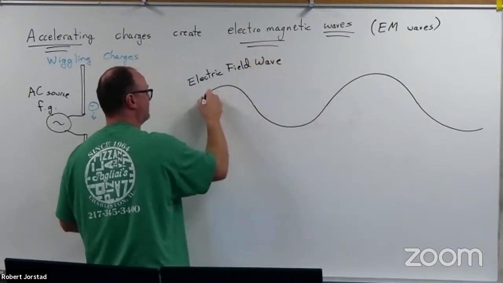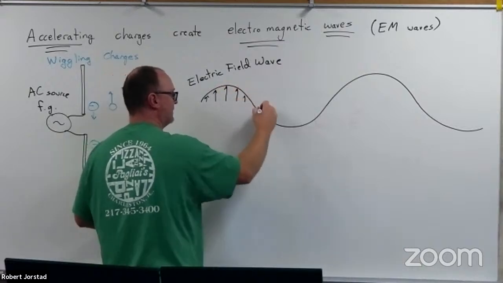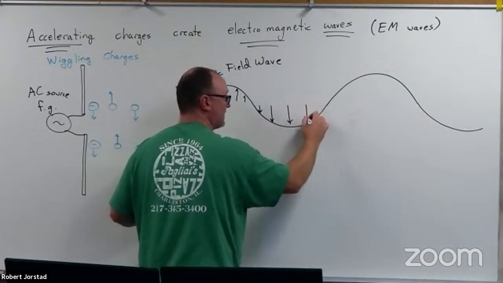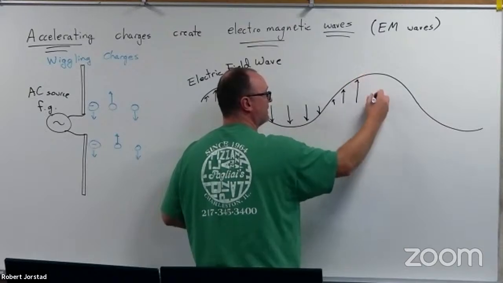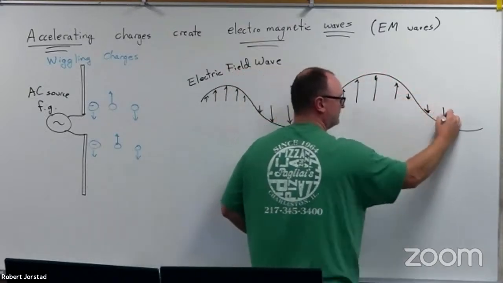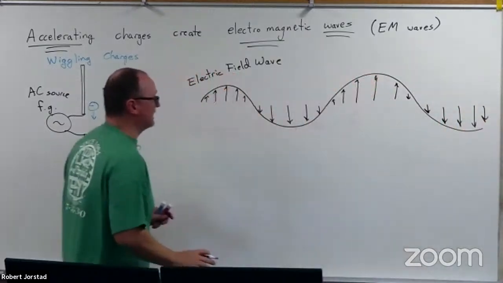Sometimes you'll see these little arrows inside of here representing that the electric field is different at each point in space. So at each point in space, there's a different electric field. That's the electric field.